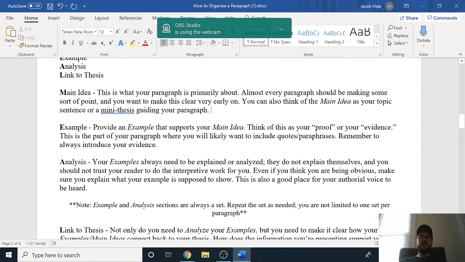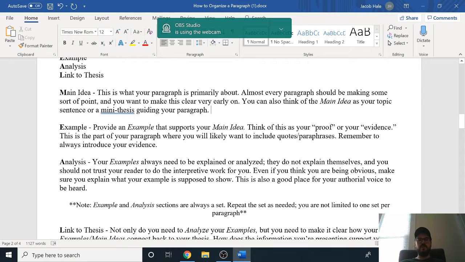Now, this is a side note, this does depend a little bit on your style and also on the genre that you are writing. Not every paper will use paragraphs that begin with a topic sentence. Sometimes you can put your topic sentence at the end of the paragraph, but for the sake of keeping things very simple and straightforward, this is the method that I most often teach.